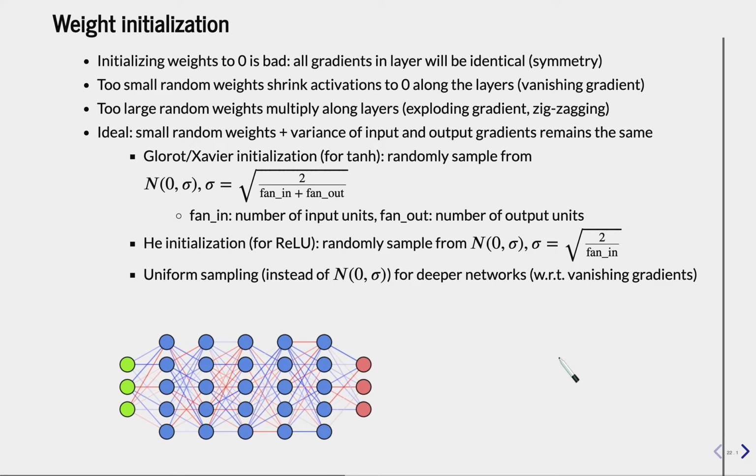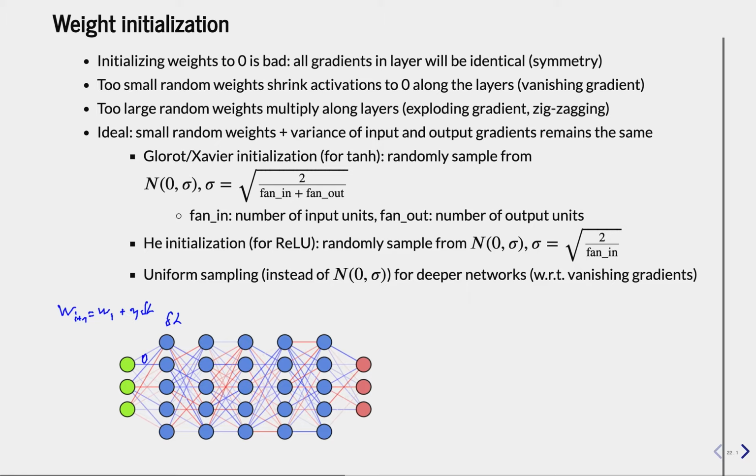After you've chosen your activation functions, the next thing you should do is to initialize your weights. There are different ways of doing that. The first thing you could do, but that's definitely not recommended, is to set all your initial weights to 0. The problem is that if you have a gradient and you want to update these weights, the rule is something like this: plus theta times the gradient.